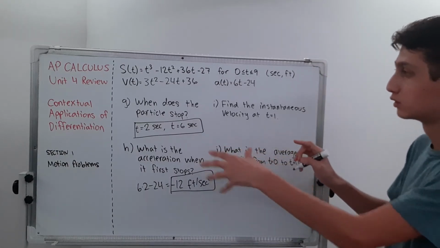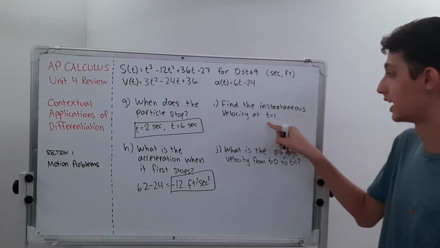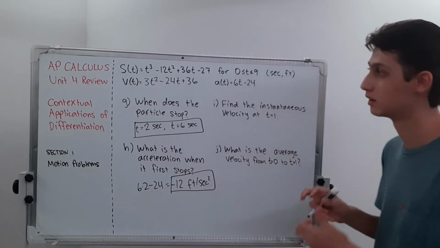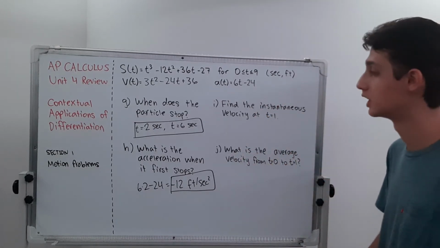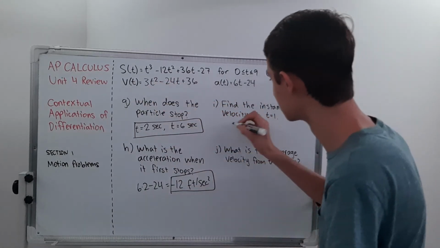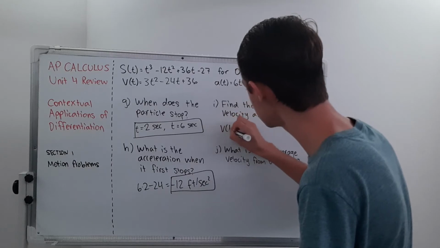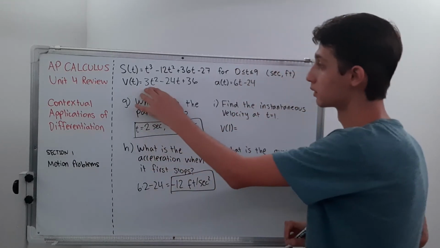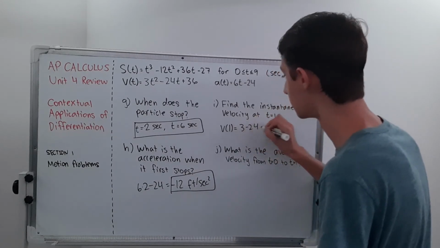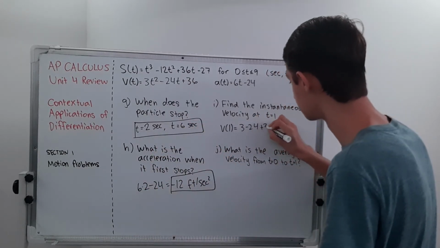Right? Super quick, find the instantaneous velocity at t equals 1. Instantaneous is always the derivative, because the derivative is the instantaneous rate of change. So all we gotta do is plug 1 into our equation here. So v of 1 is going to be equal to 3 times 1 squared. So that's 3 minus 24 times 1 plus 36.